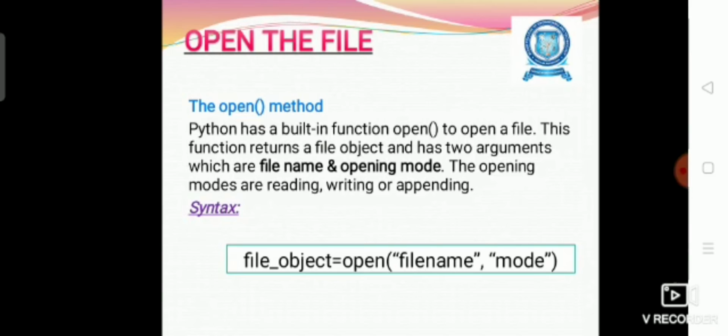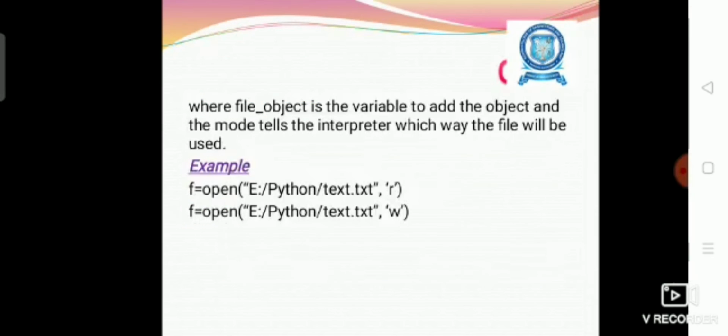With this variable only we are going to refer to this file in the entire program. The variable is otherwise called an object here. The file will have one variable name or object name. After that, whenever we want to refer to the file for read or write, we have to mention this file object. And we are seeing the example now.